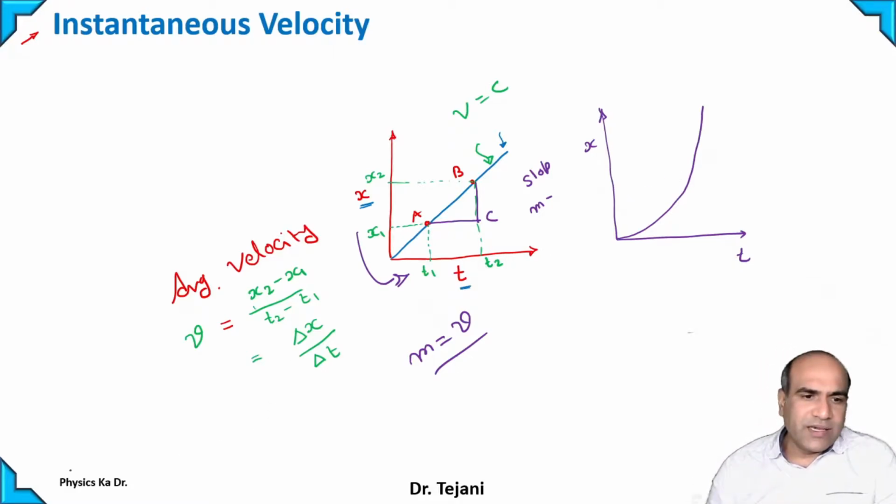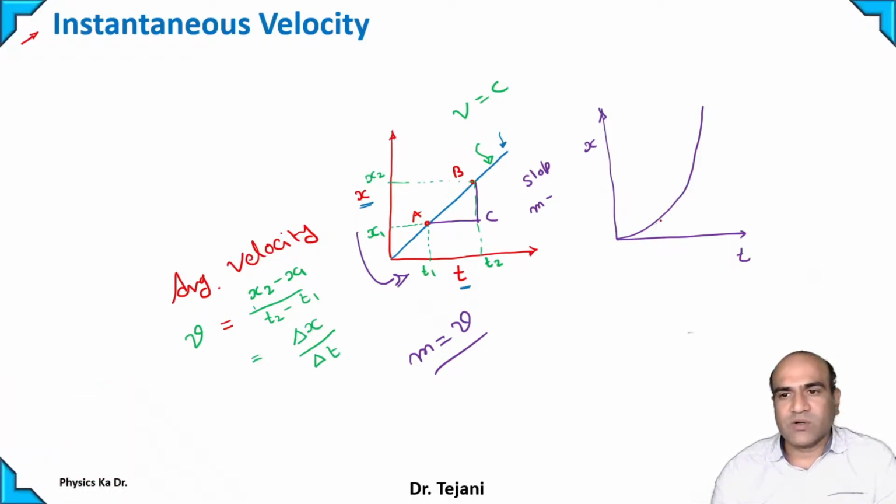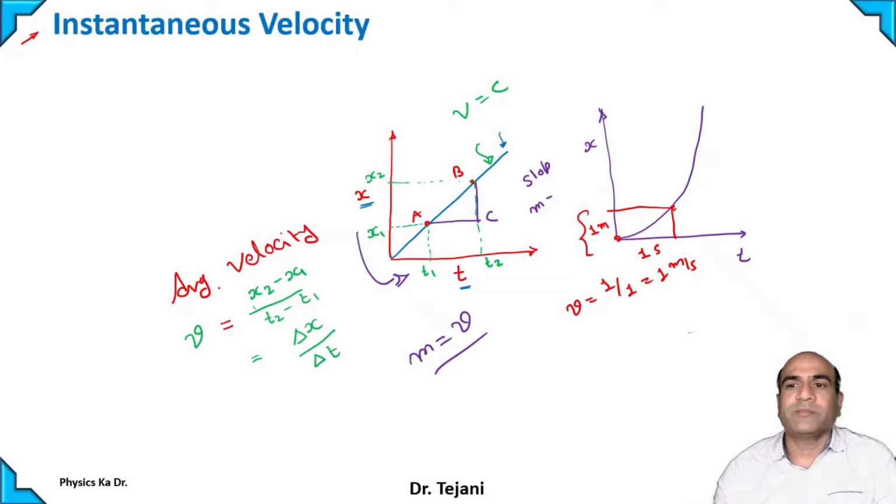So in this case, velocity is not constant. Let's check how. Say this time is equal to 1 second, and in that time it covers, say, 1 meter. So velocity is 1 by 1, equal to 1 meter per second for this region, from point A to B.